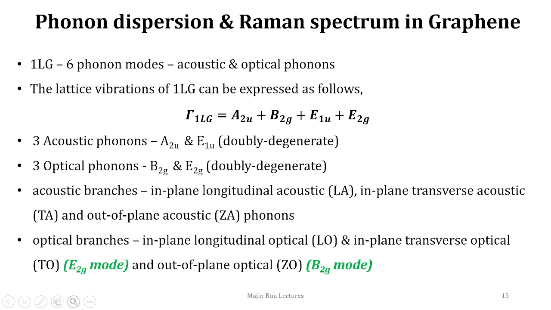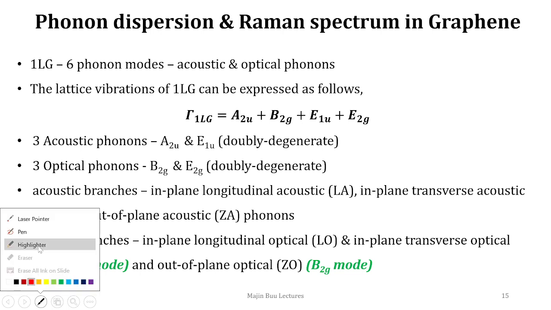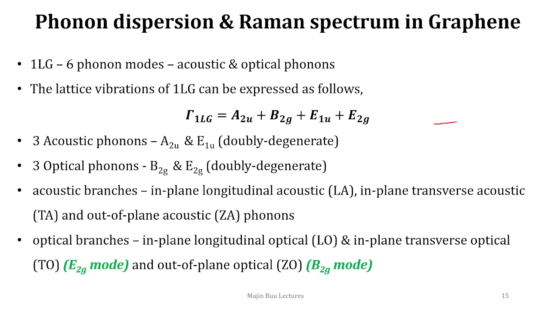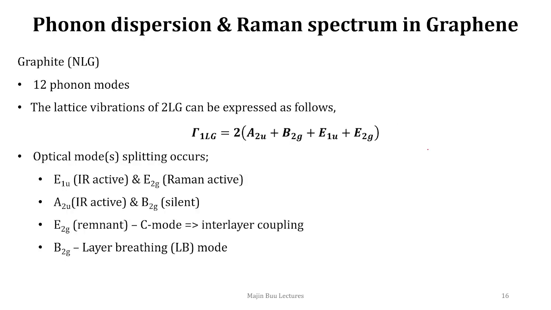So when they mean by in-plane, you have a hexagonal structure, and this is in-plane longitudinal, and this is in-plane transverse, and the out-of-plane mode is essentially this, the out-of-plane acoustic or optical phonon.